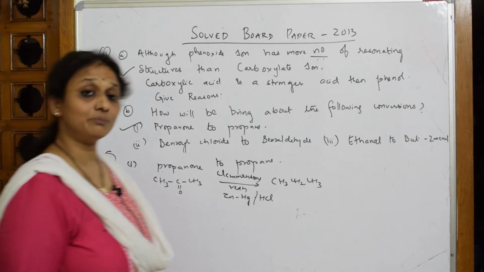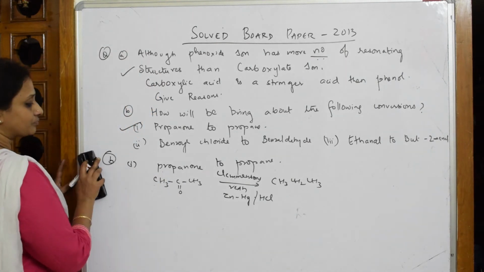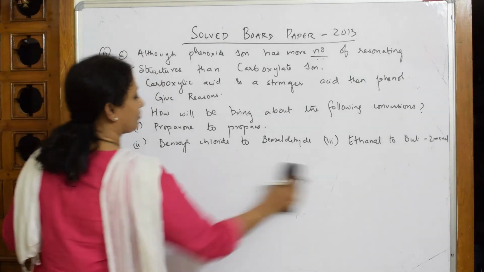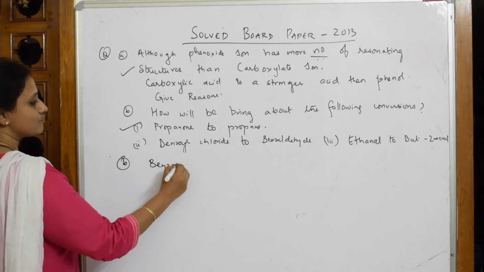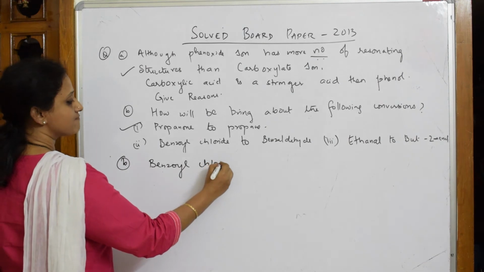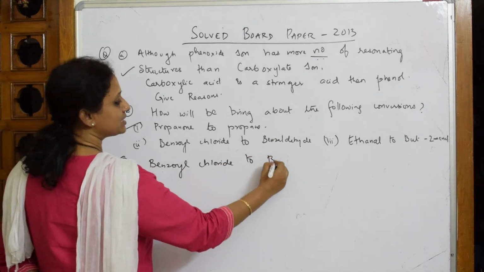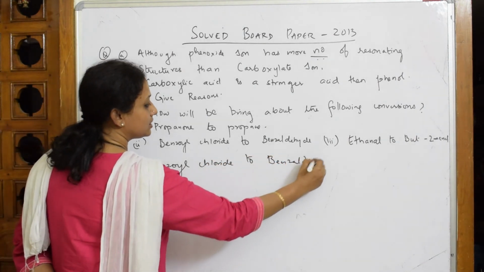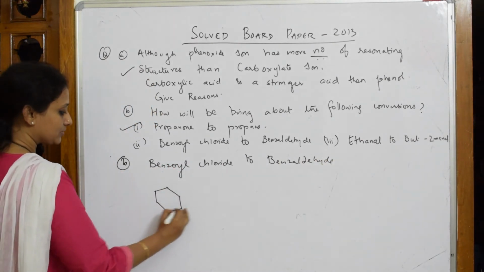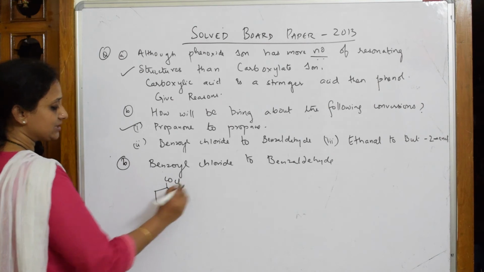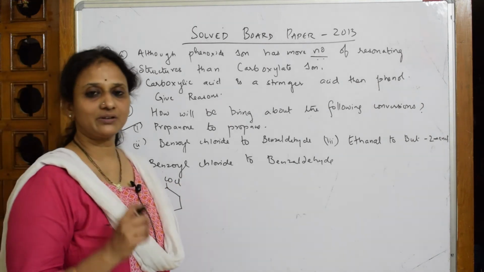Let us do the next one. Benzoyl chloride to benzaldehyde. So write both the structures. Benzoyl chloride is what? This is your benzoyl chloride. So where did we see this benzoyl chloride? In Rosenmund reduction, isn't it?